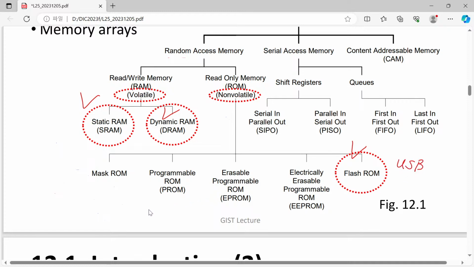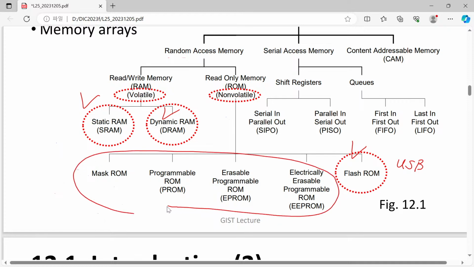However, you can find that there are so many other devices not being used these days. They all correspond to the category of non-volatile memory. Depending on the progress of technology, they can take many different forms.